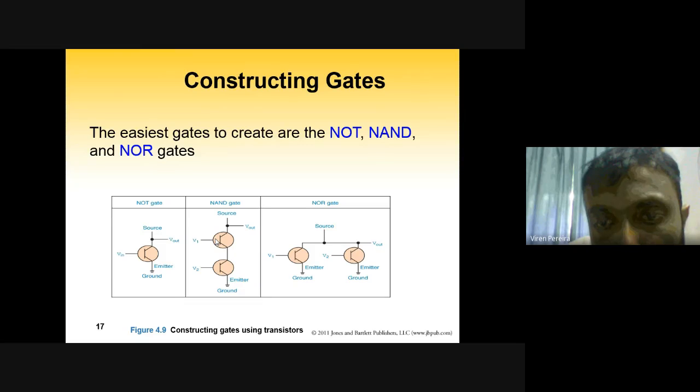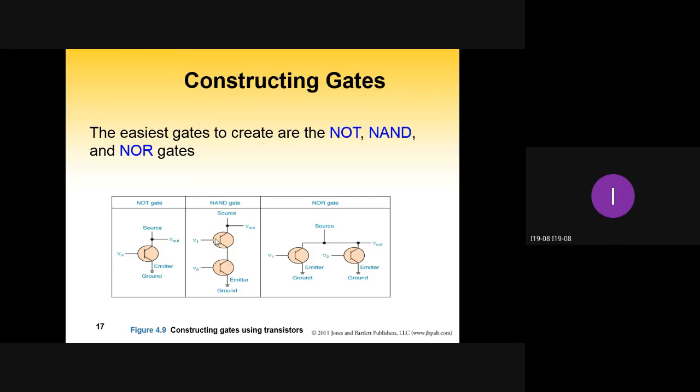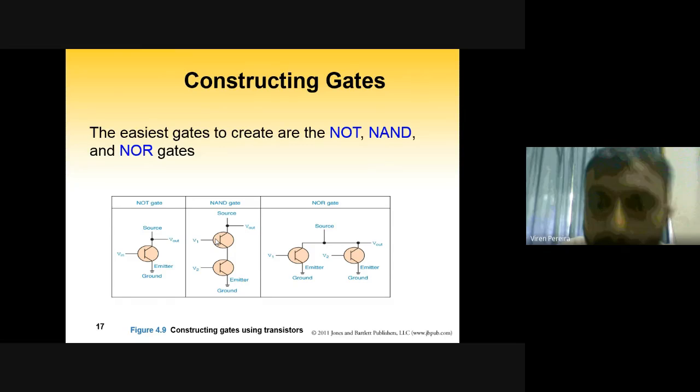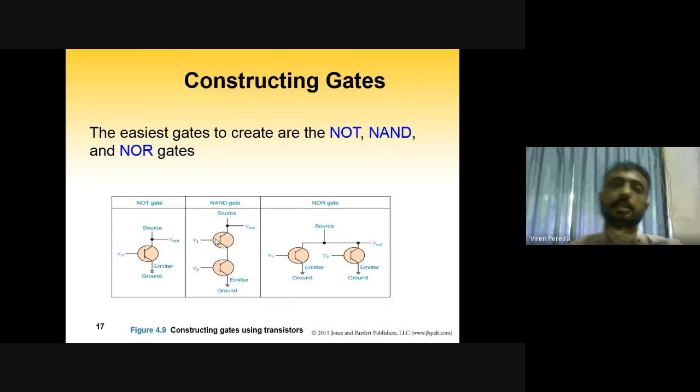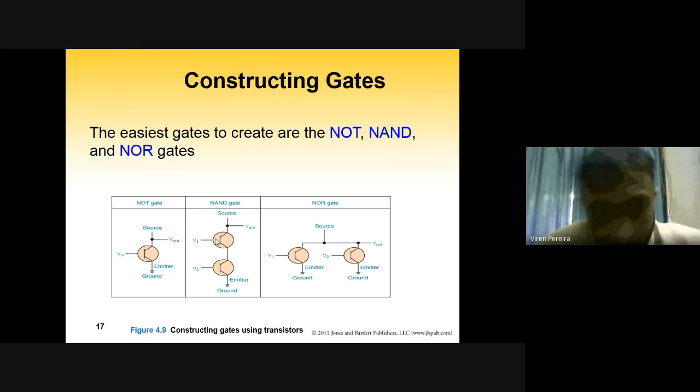So your V1, V2 is again your A and B. Now for a NOR gate, A is 0, B is 0. What is your output? 0 plus 0 is 0, but since it's a NOR gate, that 0 converts to 1. So 0 plus 0, the whole bar, will give us basically 1.